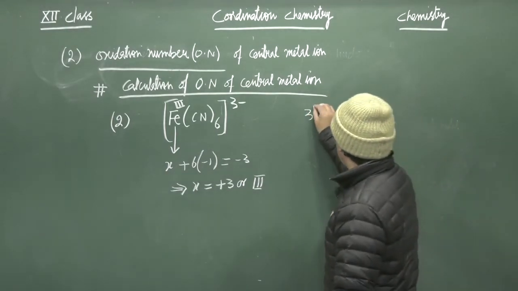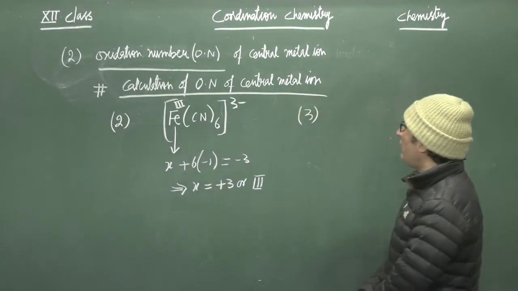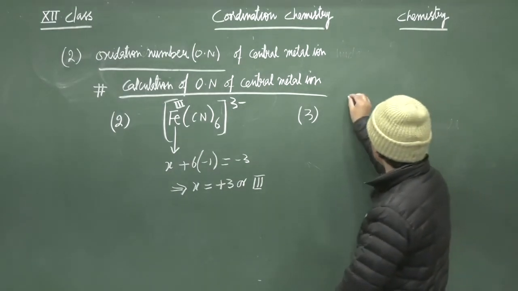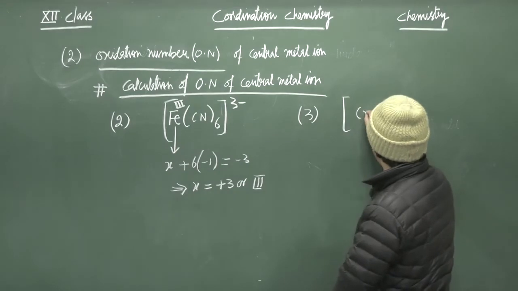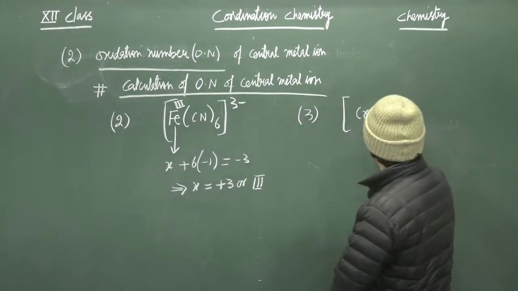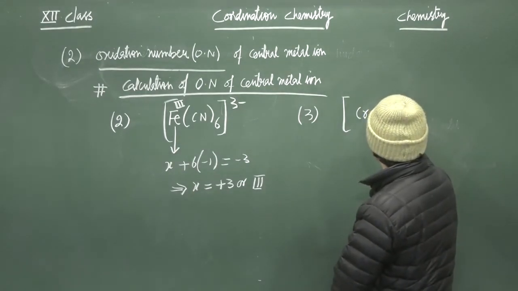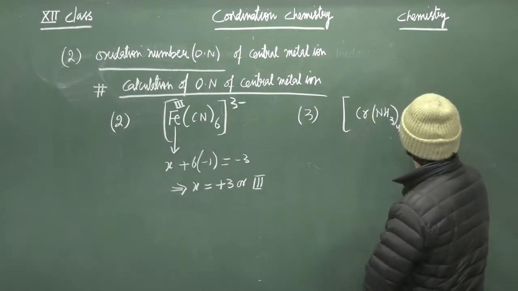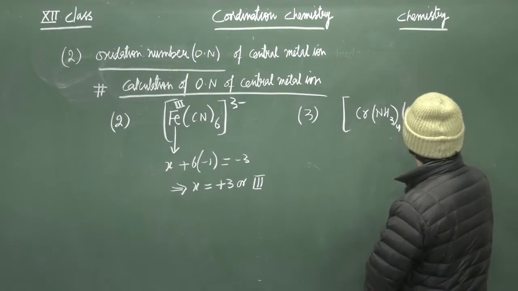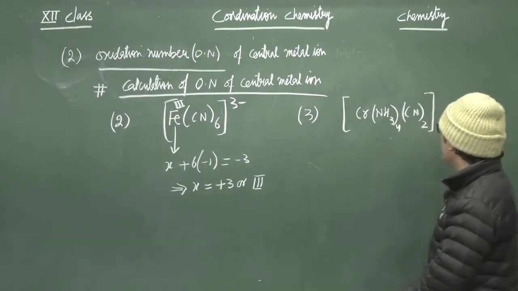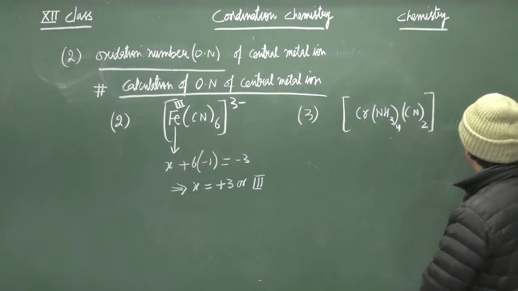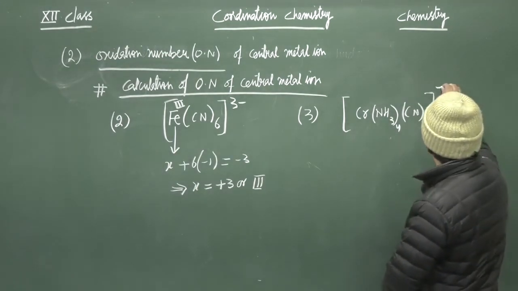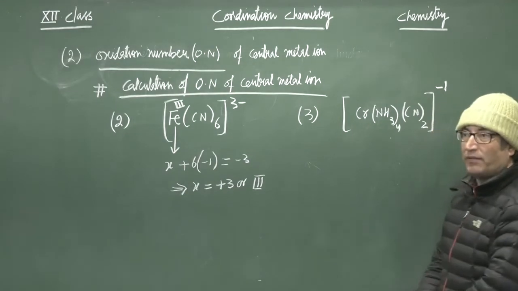One more example will be if the coordination entity is positively charged, like [Cr(NH3)4(CN)2], and this sum will be equal to the net charge. Sorry, I said the earlier one was negatively charged; here the charge is +1.